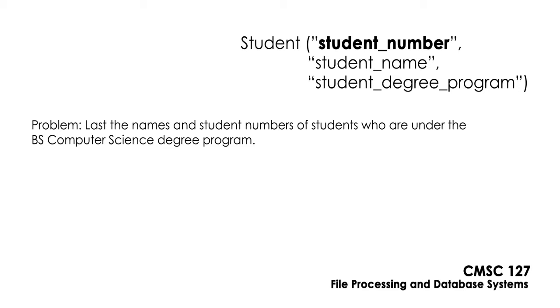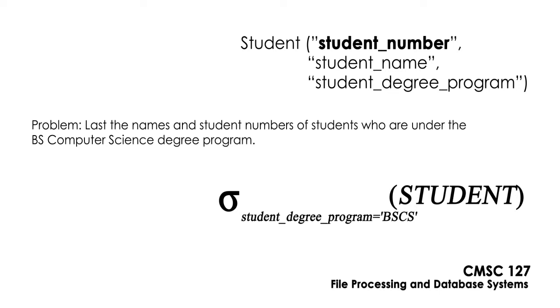Understand or realize that this particular problem requires you to use both the project and the select operation. So the first thing that you have to do is to select from the relation student all the students who are under the BS Computer Science degree program. So first, you have select student degree program equal to BS Computer Science, from the relation student.